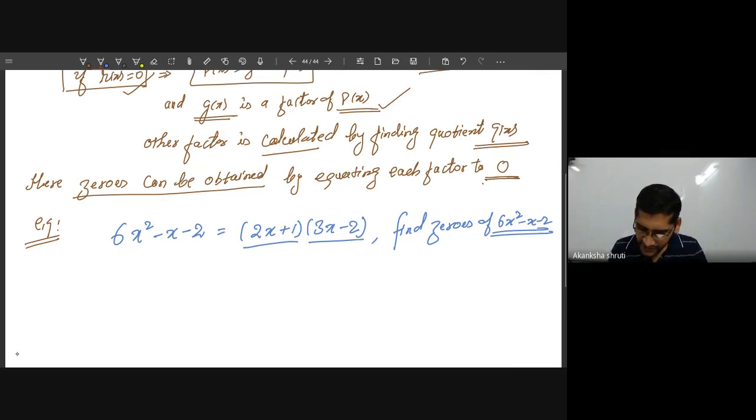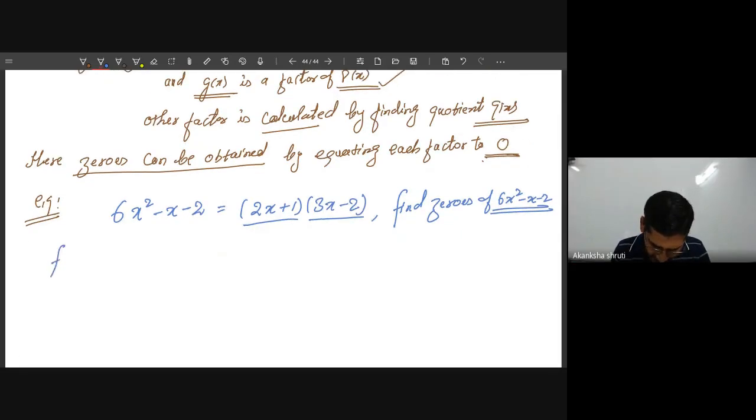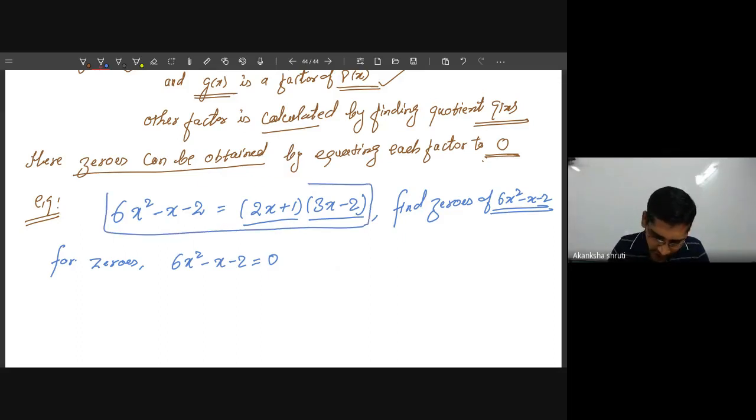So student, for zeros, what is required? How do we calculate the zeros of a polynomial? That polynomial has to be equated to 0. But this polynomial can be written as the product of two linear factors. The single quadratic polynomial is written as the product of two linear polynomials.